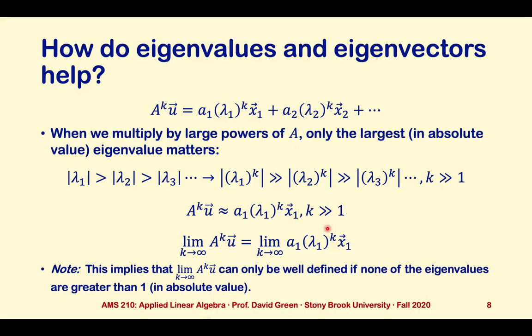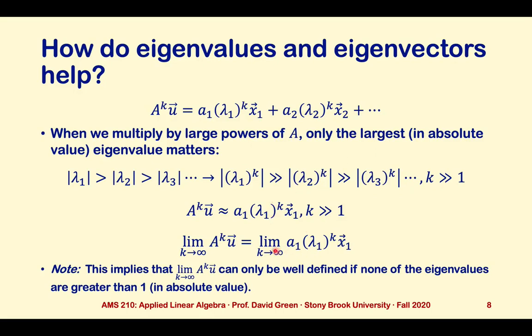Right? This gives us a way to directly answer this question: what is this limit as k becomes very large, without having to just do multiplication many, many times? We get a well-defined expression that can give us this limit.